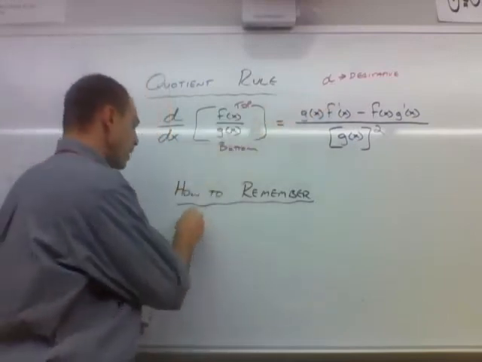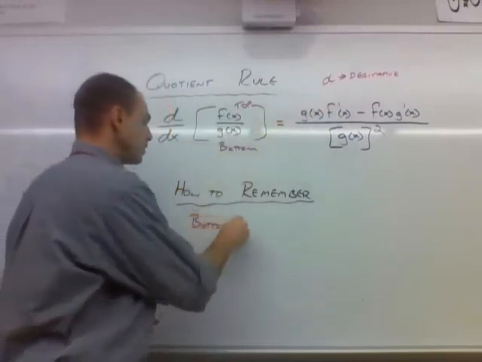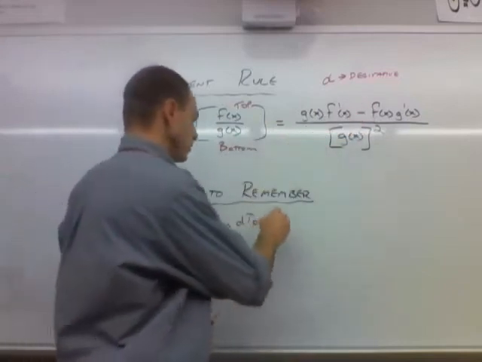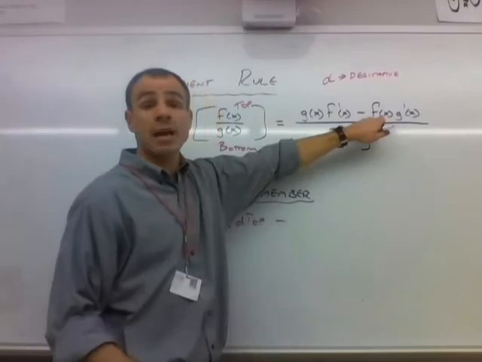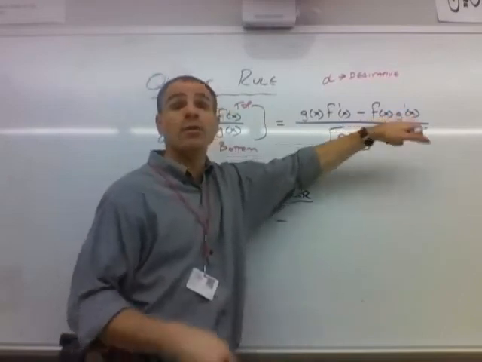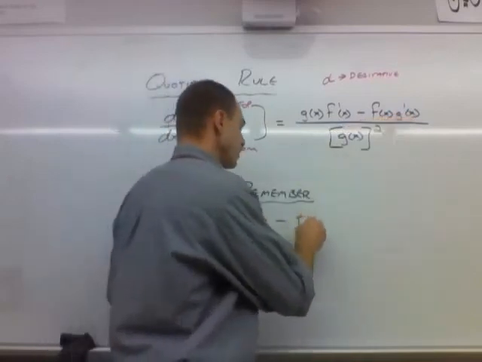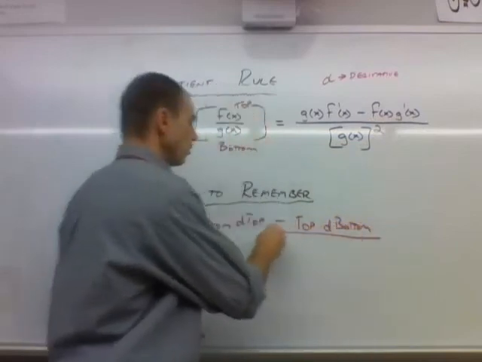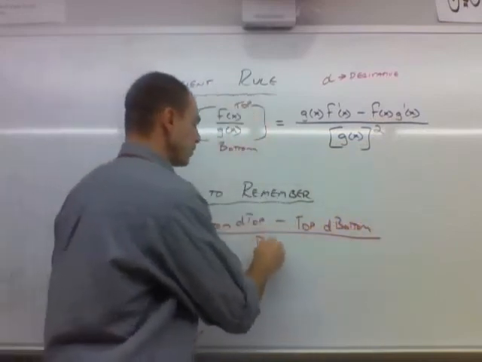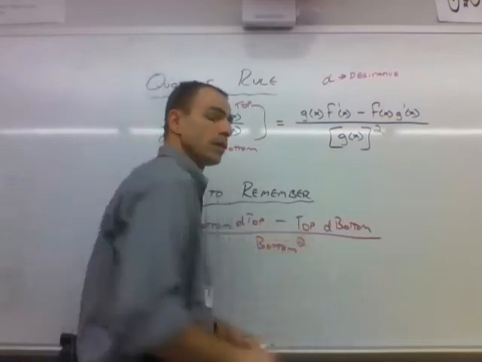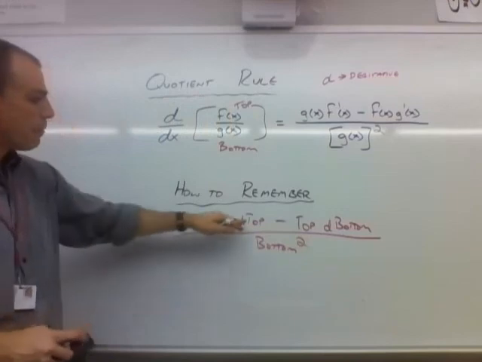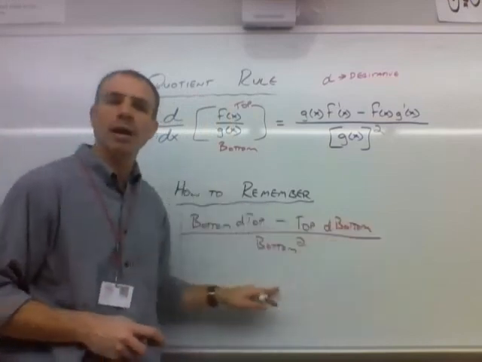So we have bottom d top, minus, and now we keep the top and we derive the bottom. So top d bottom, all over bottom squared. Watch how that rolls off the tongue. Bottom d top minus top d bottom all over bottom squared.